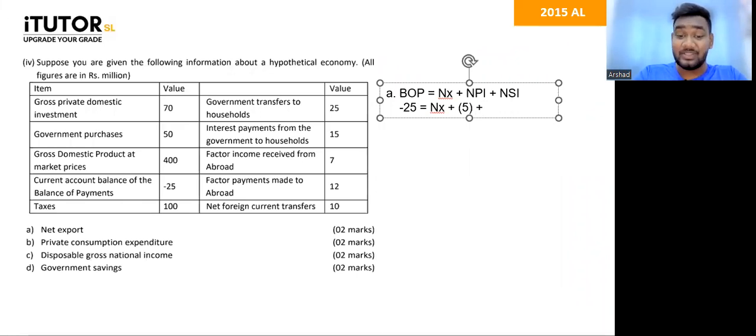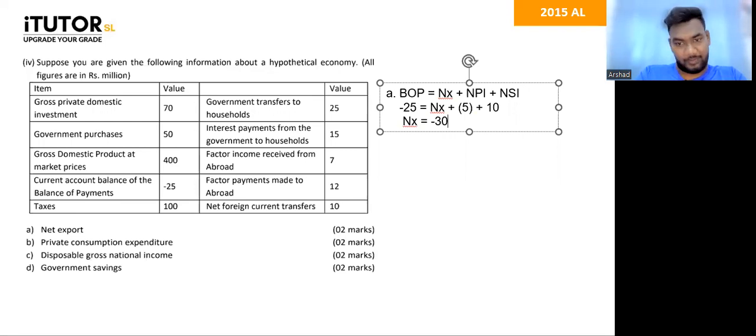Net secondary income is what you call net foreign current transfers. How much is that? That's a 10. So if you simplify and move around, guys, give me an answer. I'm not going to do the maths for you. How much is it? Minus 30. Okay. So that is your net exports.